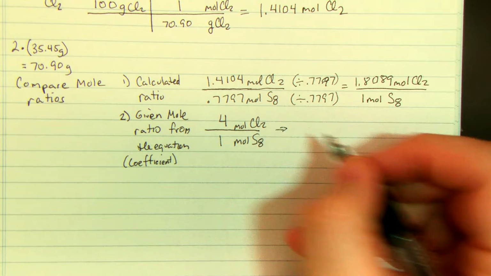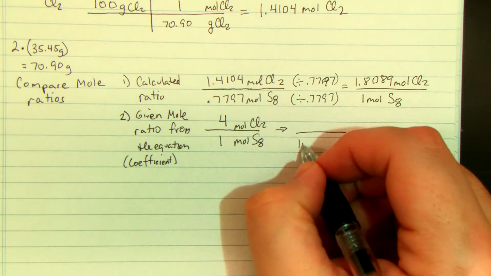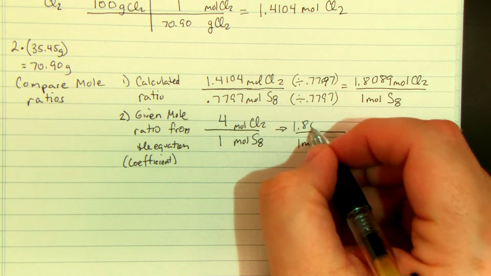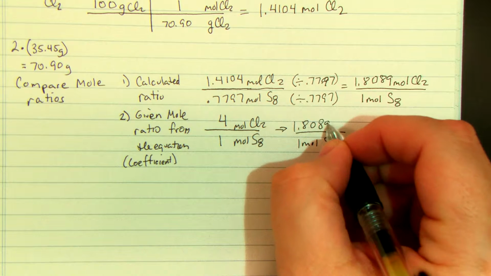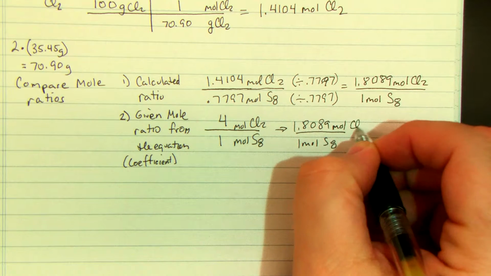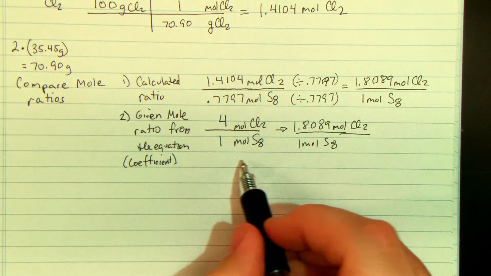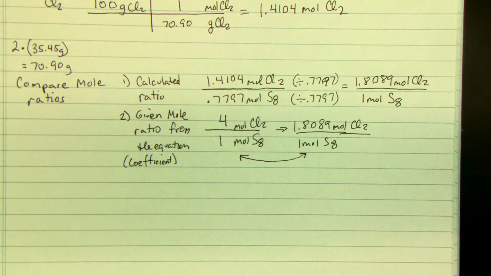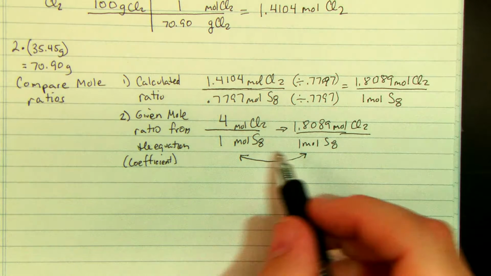Now, I need to look also at what we have here. I got 1 mole of S8 and 1.8089 moles of Cl2. Now, take a look at these two. Do I have enough S8 to make this thing go? Are those two the same numbers? Yeah, these guys are equal.